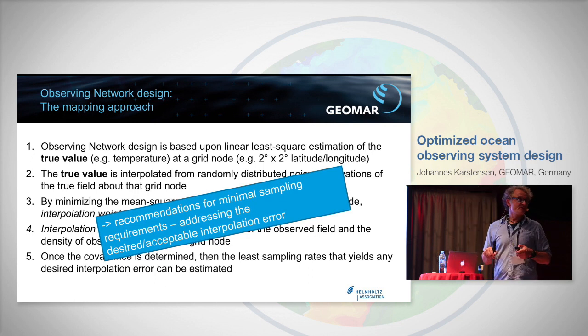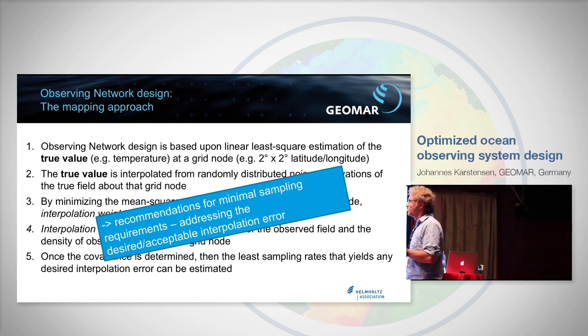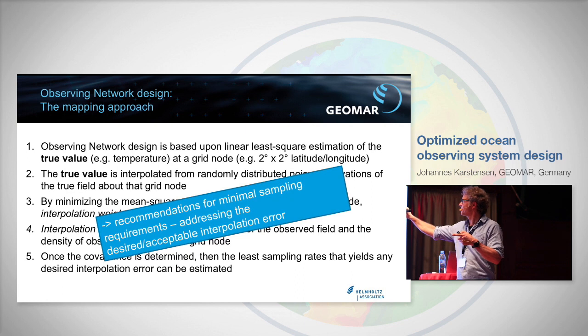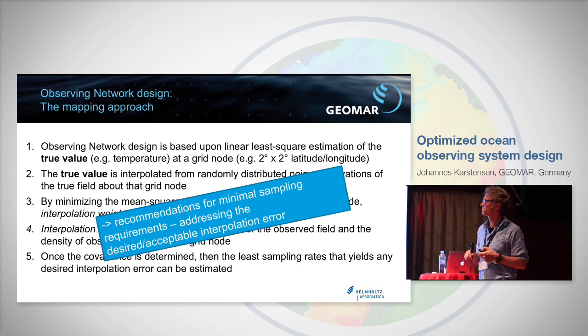And that true value, where to get it, you maybe can create for all pieces of the ocean by interpolating all hopefully randomly distributed values around in that area. So you will get a mean value, and you will also get noisy observations about that true value in that grid node.